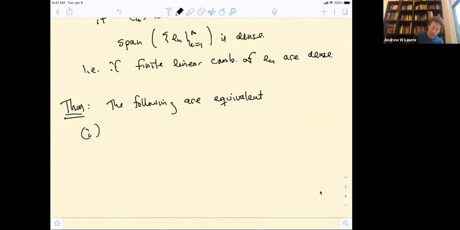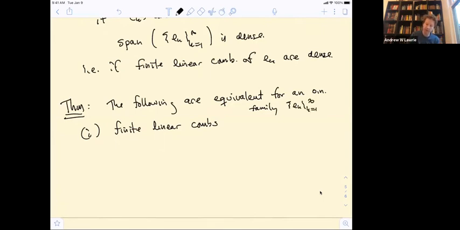Take an orthonormal family. The following is equivalent. One, finite linear combinations of elements of the family are dense.